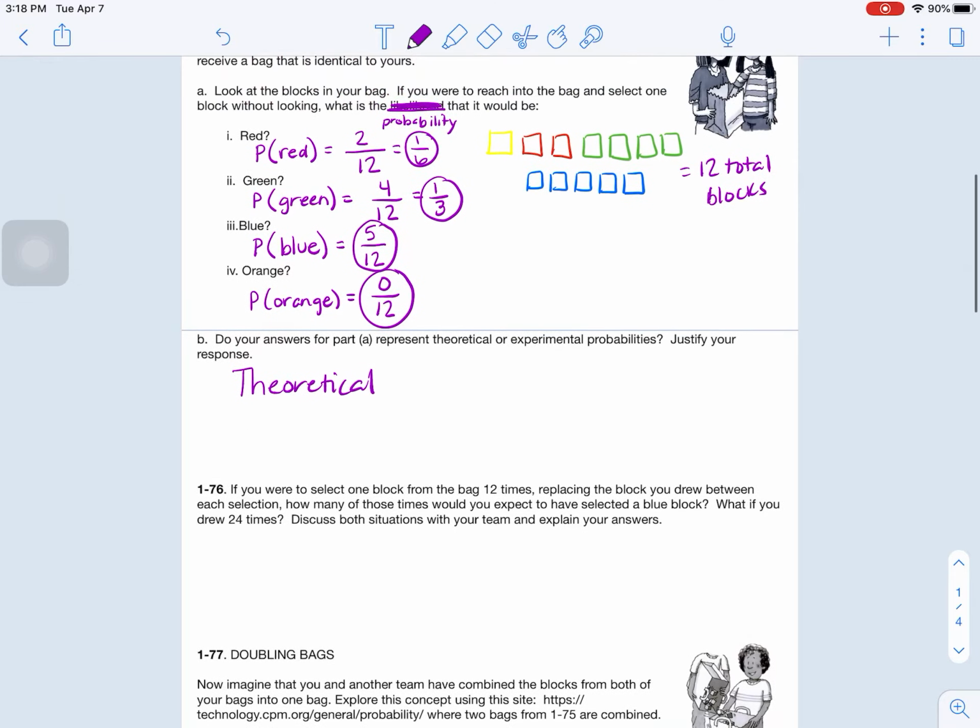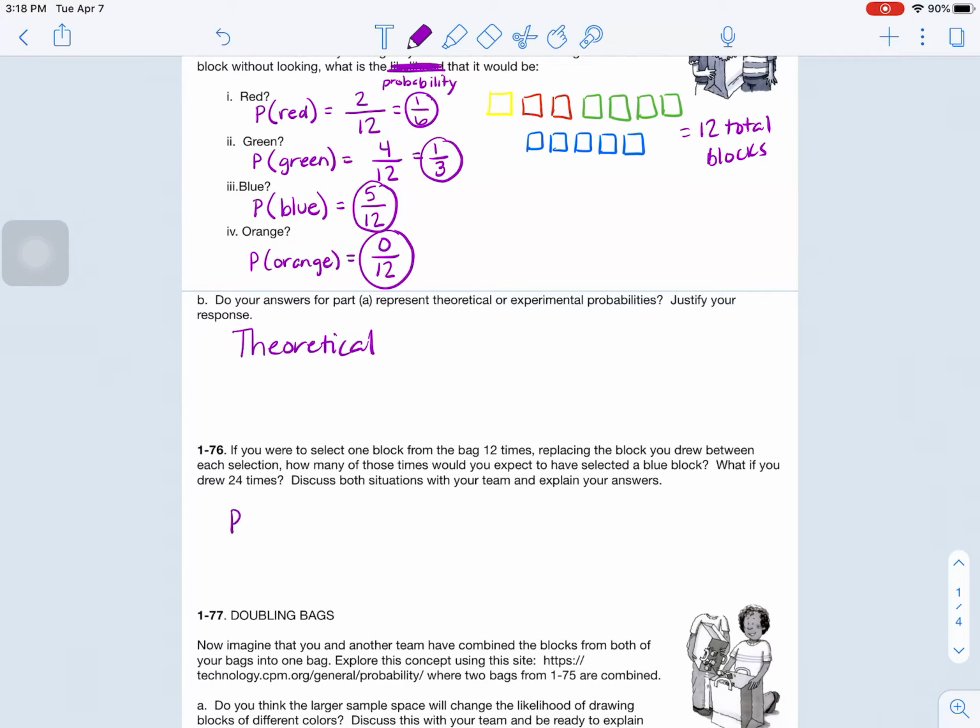So because there are, remember in my picture, the probability of blue, okay, and this is first, remember there's two questions here. So if I were to do this 12 times, okay, I would expect to pull that out 5 times because there's 5 of them, okay? Then it wants to know, well, what if it's out of 24?